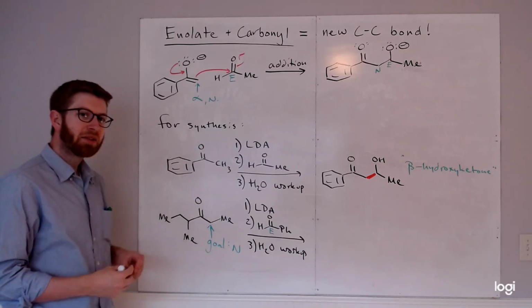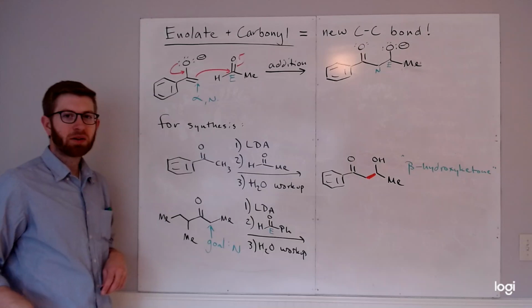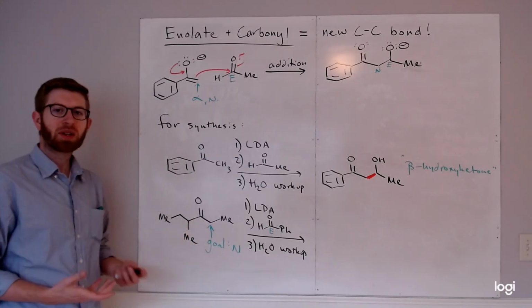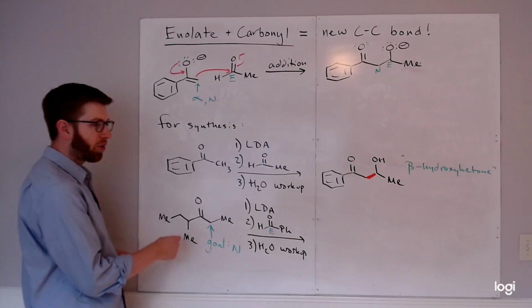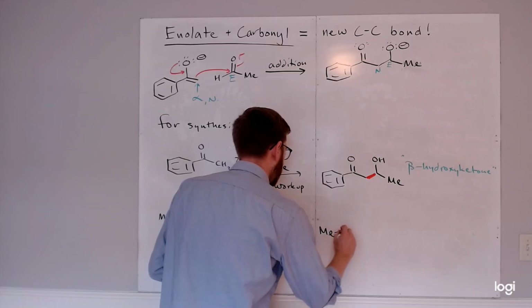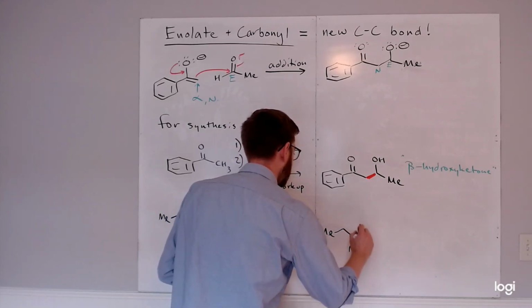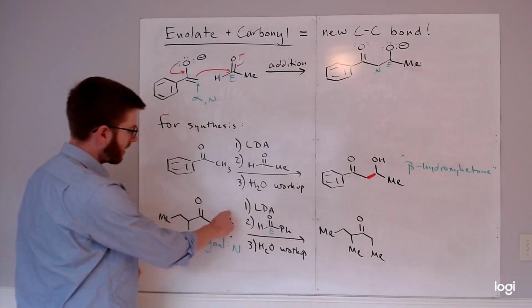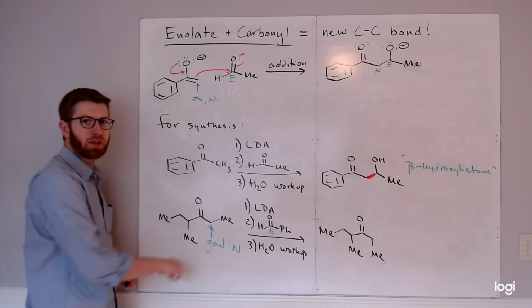So that means that I can effectively redraw this entire compound, because what I'm going to be doing is essentially functionalizing this alpha position. I'm going to substitute a CH for a CC. So I'm going to take a minute to redraw my framework for the structure. Okay, so what I've done is basically just taken this methyl group and moved it down so I have space to work.